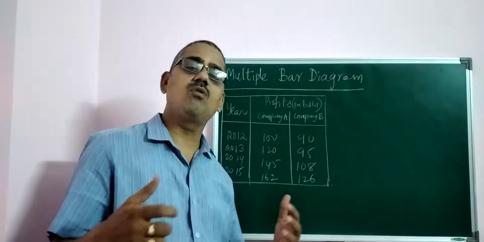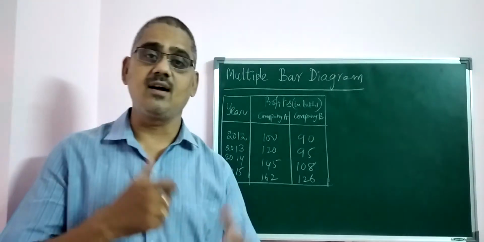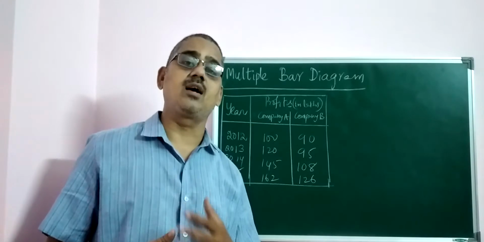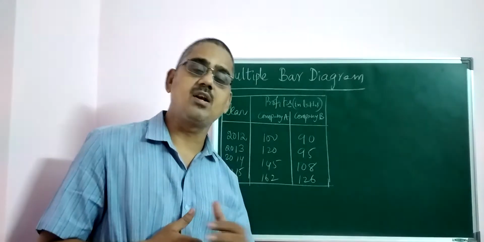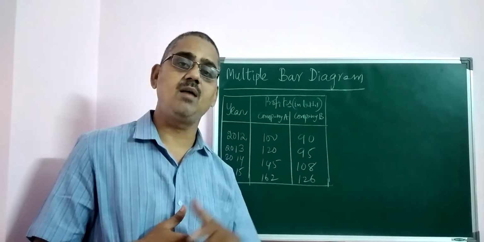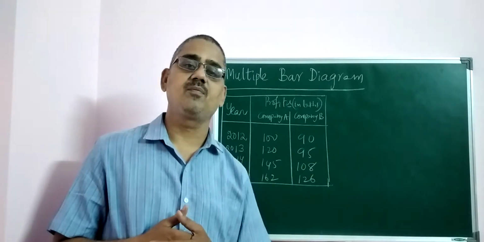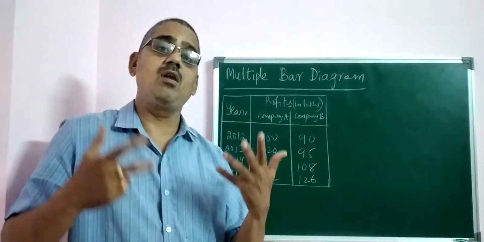If you want to compare two or more sets of related data, for example the sales of one company and the sales of another company over the same time periods, then obviously it calls for a multiple bar diagram.